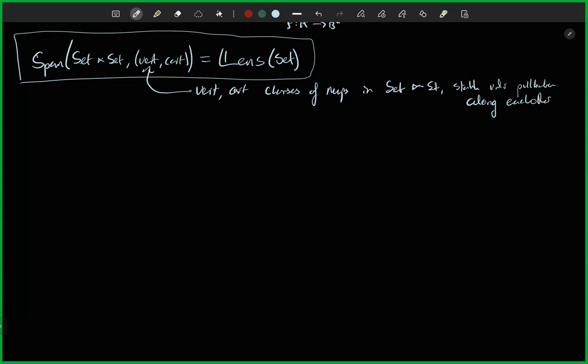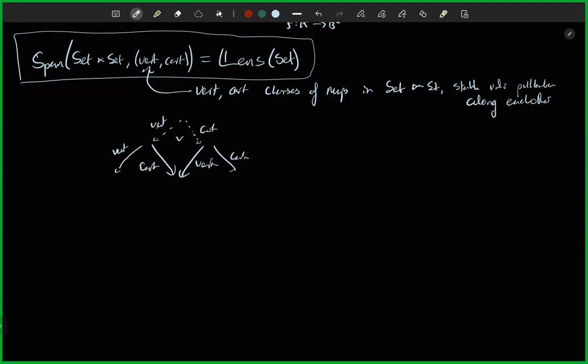Yeah, so here, just to do it the way I really want it, we have cart, we have vert, and then we get a pullback where this is also vert and this is also cart. And that way, if we had vertical Cartesian spans, you see that we get a composite of vertical Cartesian spans.